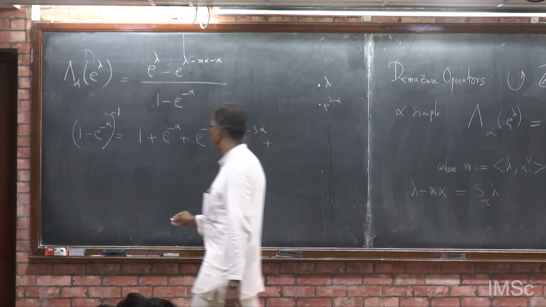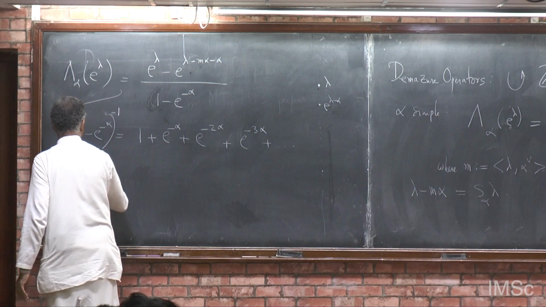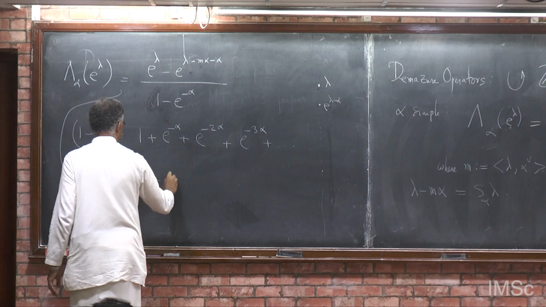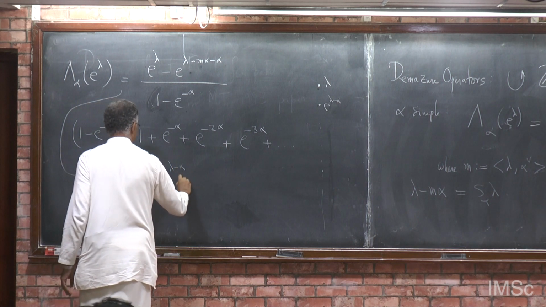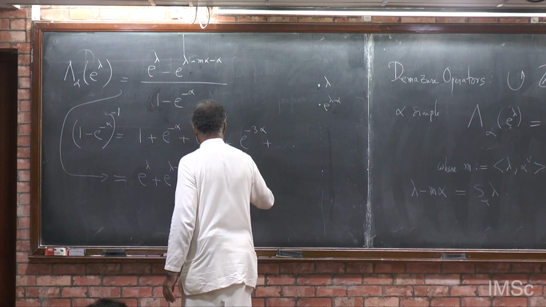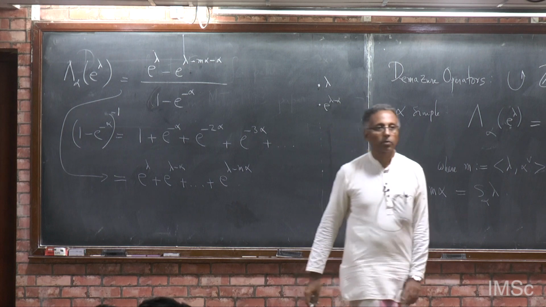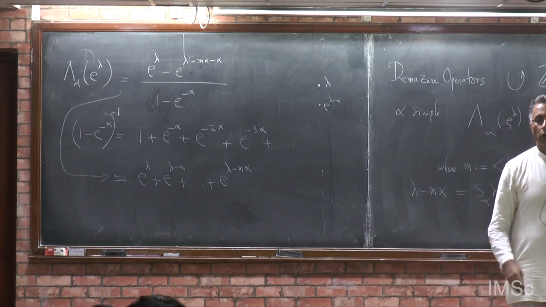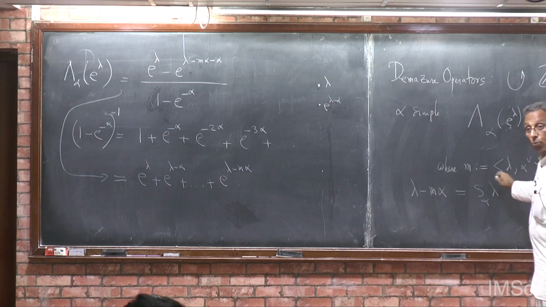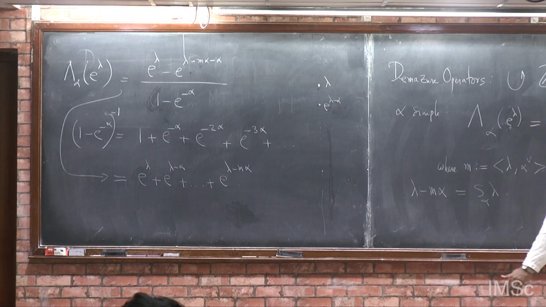So by a simple, high school algebra calculation, this is e to the lambda plus e to the lambda minus alpha plus ... plus e to the lambda minus m alpha, which is of course the character of the SL2 module with highest weight lambda, because I am assuming m is positive.